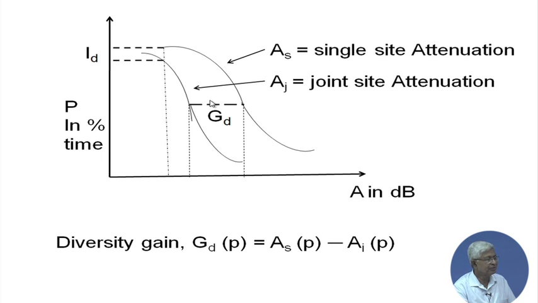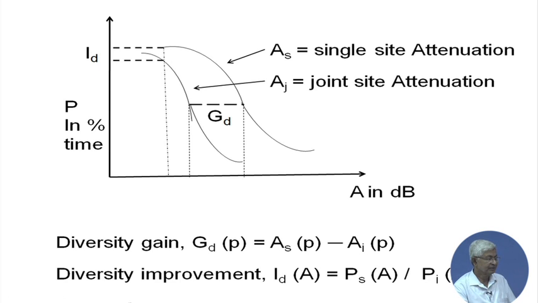But there could be another way: for a particular attenuation, for less amount of time, you will get the advantage in terms of probability using the joint site attenuation, which is called improvement. So improvement is defined as ID. Diversity improvement ID(A) is PSA by PJA.